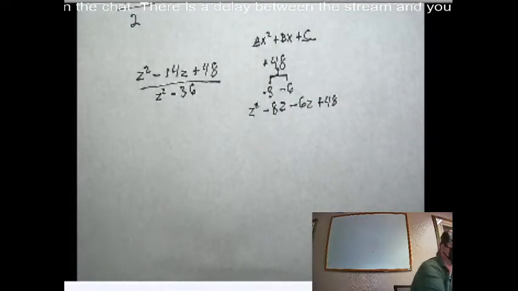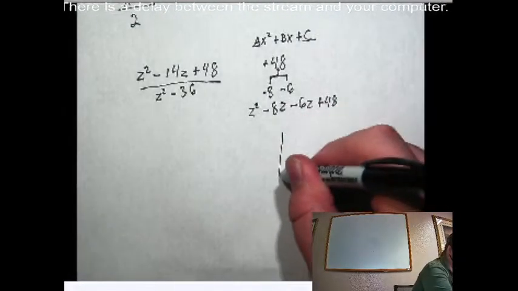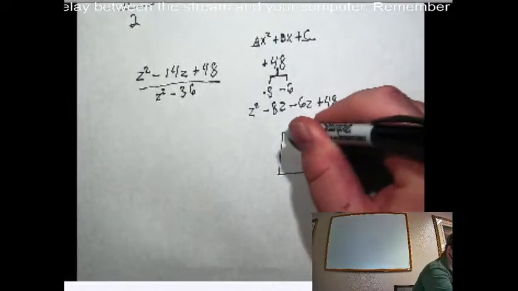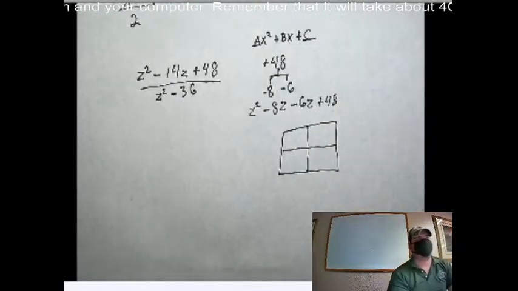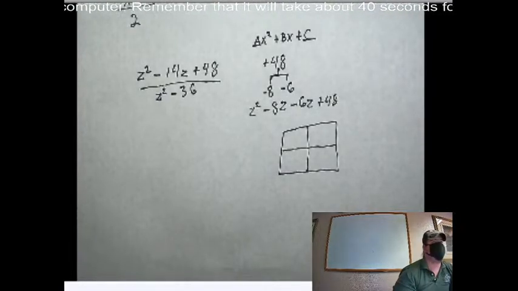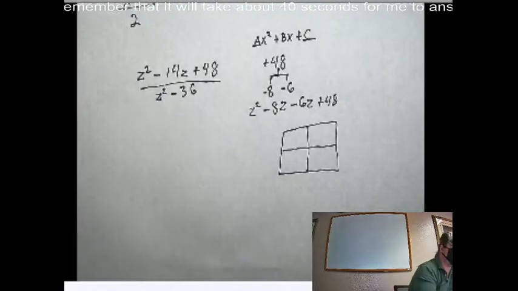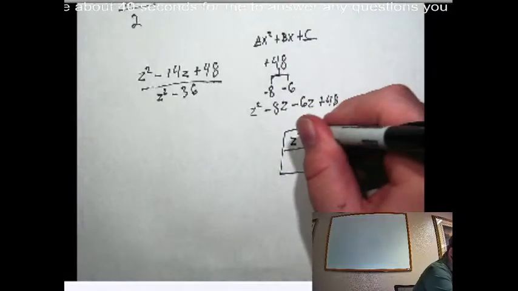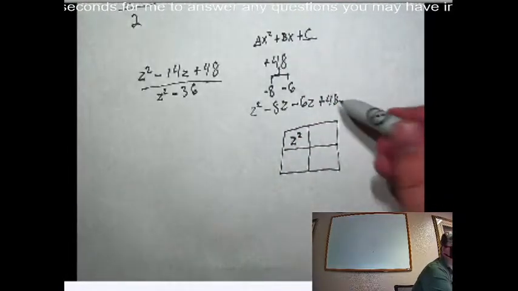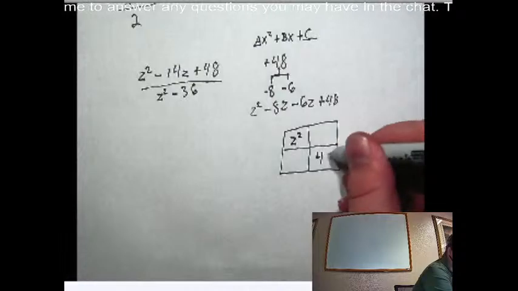Then we can go to our box, or well, there's a shortcut, but I'll show it in a second here. But we can go to our box and start filling things in. So the first term, z squared, goes in the first box. Last term, 48, goes in the last box.